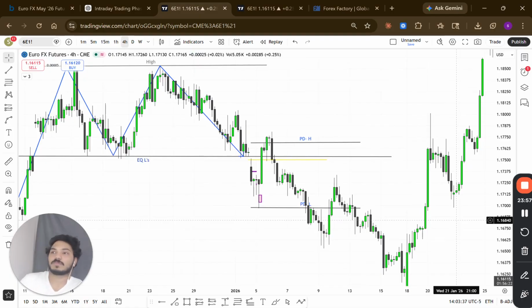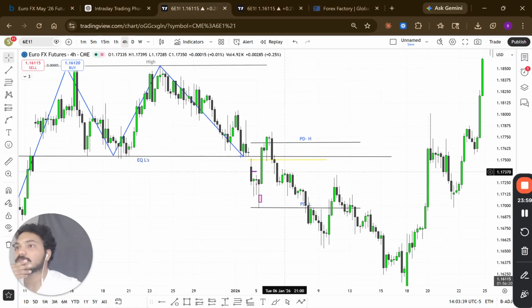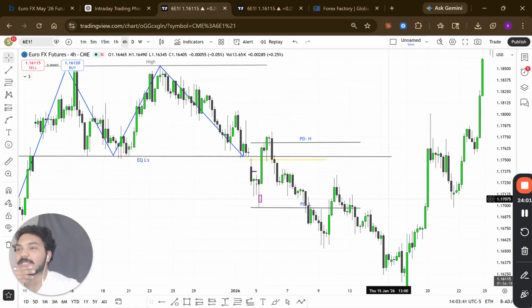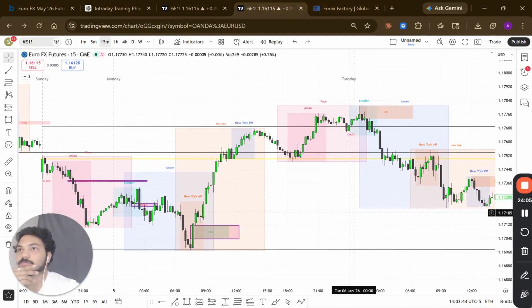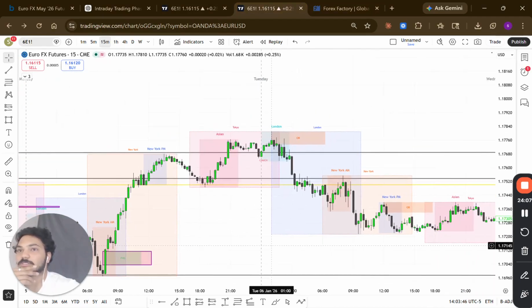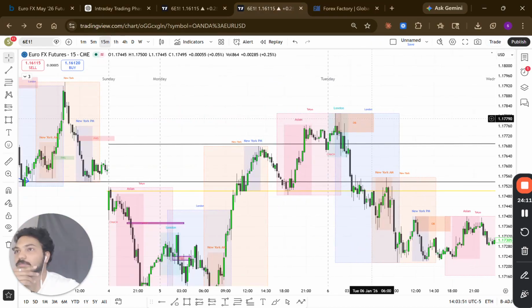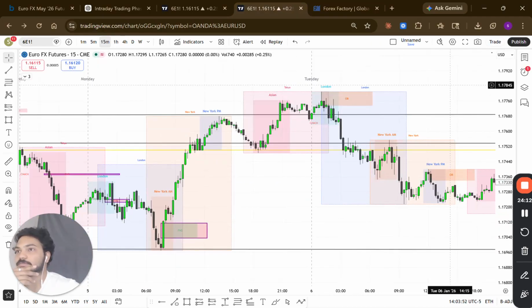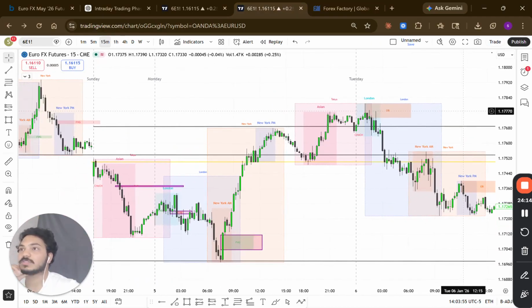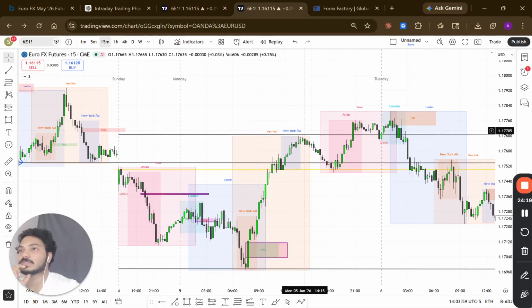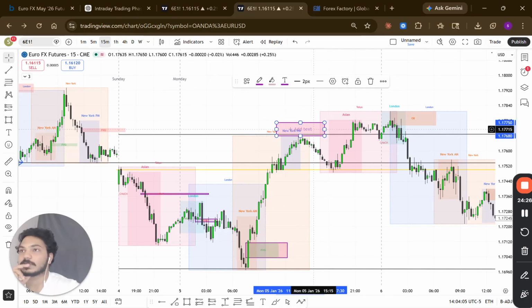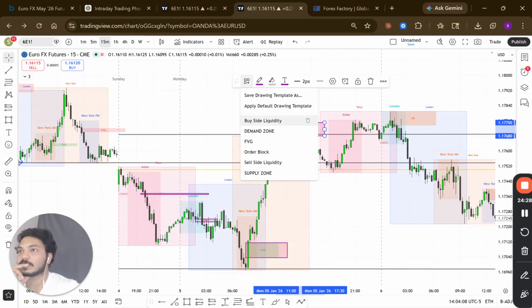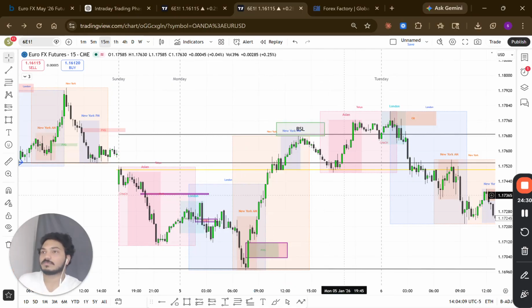So the bias is bearish as usual, and let's go to this part to see if we have any equal highs and lows. We see some buy side liquidity above this high, which is BSL.